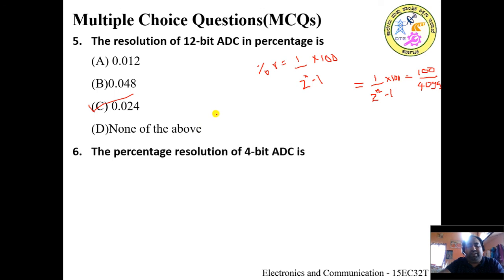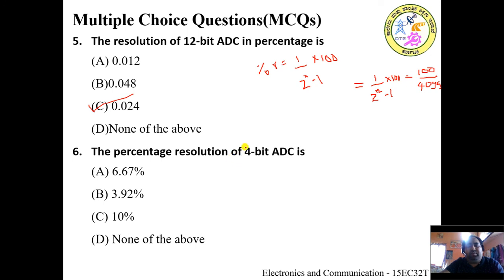And the next and the last, the sixth one, is: the percentage resolution of a 4-bit ADC is 6.67, 3.92, third one is 10%, and fourth one is none of the above. Again, here also the voltage resolution is asked in percentage. So again we have to use the same formula, but for the n value now we have to substitute 4.